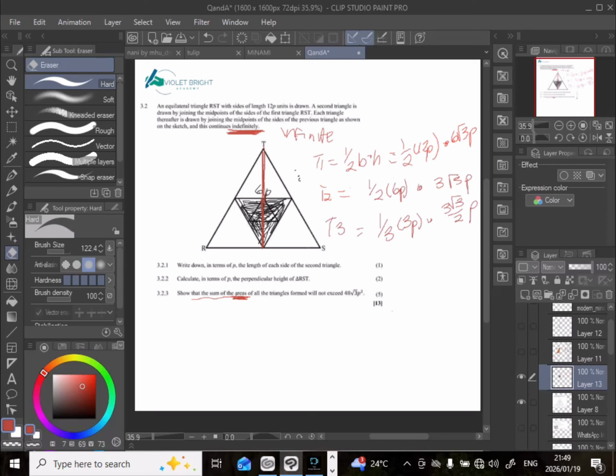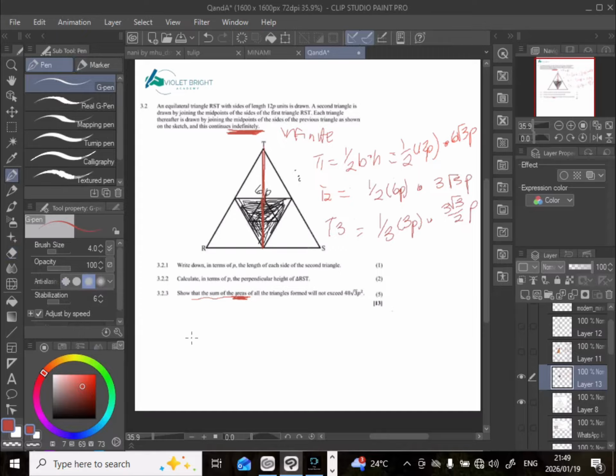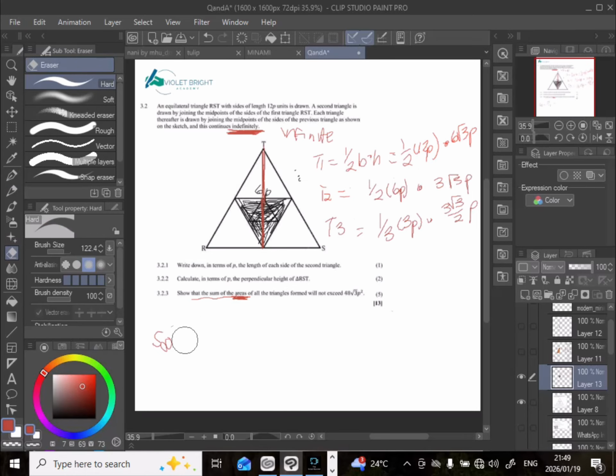So now let's continue. Remember this formula for the sum of infinite terms, a over 1 minus r. First, we just have to simplify this.